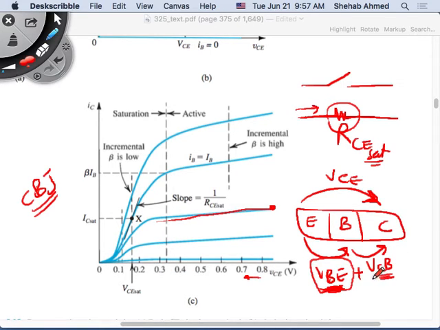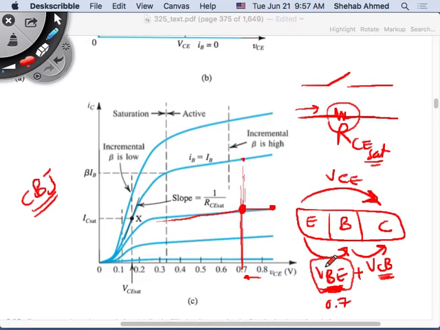Until when? Remember, VBE is about 0.7 volts. If VCB is 0, then VCE is equal to VBE, and we're up here at this operating point. I'm pushing this device into saturation, which means I'm making VCB negative, because I have to make it negative to forward bias the collector base junction.